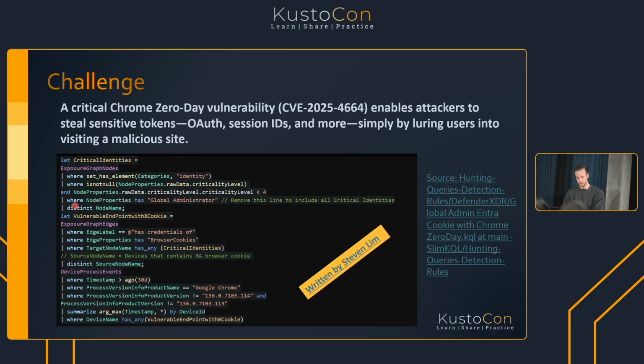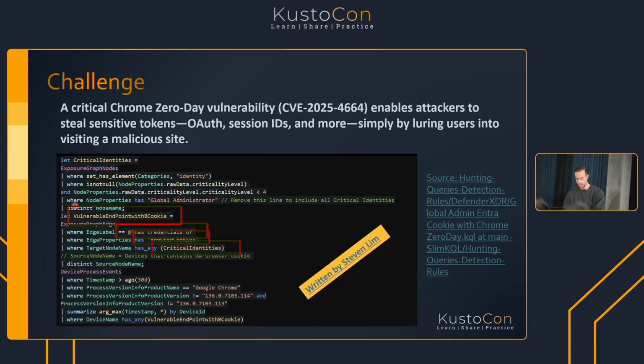Then he went on to hunt to find the vulnerable endpoints which have a cookie of those critical users. That can be achieved by having a look at the has credentials of table. In the edge properties, there can be browser cookies, and you only want the target that has a critical identity, so only devices with a browser cookie from those critical identities.